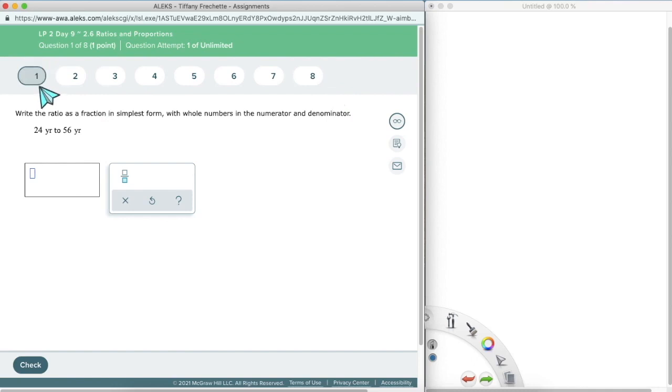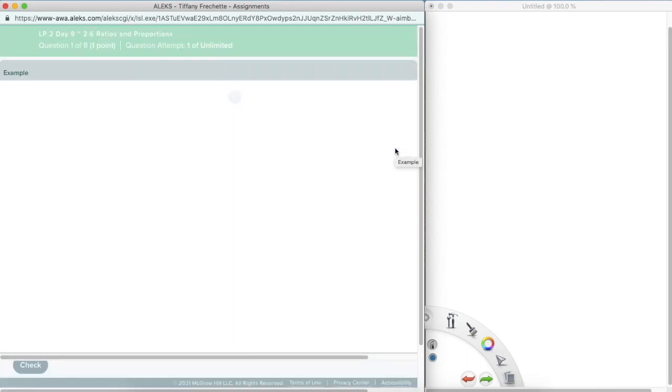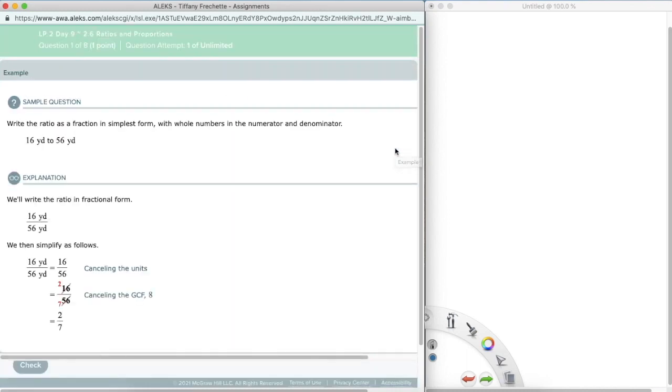But you can also click example, and this will give you just a general example of this type of problem. So here we can see: write a ratio as a fraction in simplest form with whole numbers in the numerator and the denominator. So a ratio is a fraction, and we're comparing two numbers, 16 yards to 56 yards. We can see that's happening here, 16 yards to 56 yards.